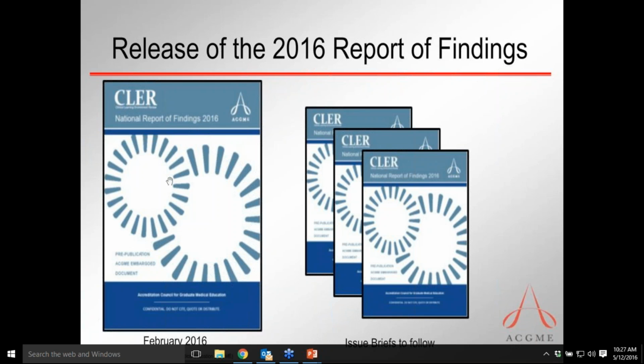You can look at your own CLER report and then look at the information that was found nationally and do a comparison if you would like. But I think what's most important is, what do our nation's teaching hospitals look like when we're trying to think about each of these areas and the environments in which the residents are learning? There's also going to be some individual report briefs that are going to come out for each of the areas, one for quality, one for safety, one for transitions, and those are going to be coming out over the next year. Next slide.